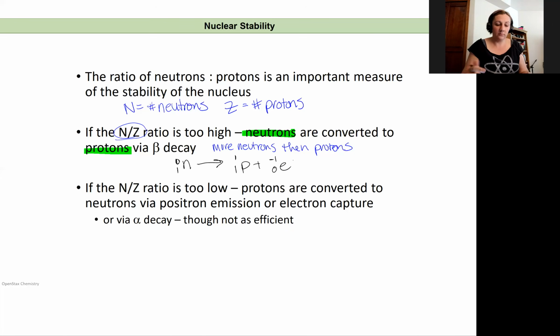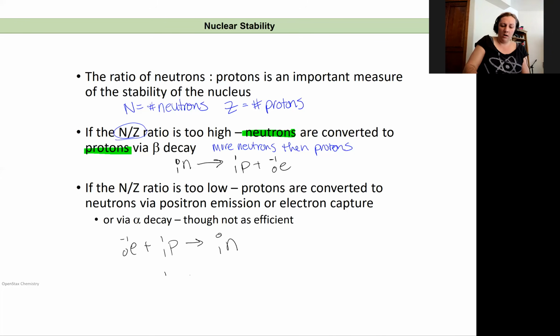If our N to Z ratio is too low, I mean, we don't have enough neutrons for the number of protons to reach a stable arrangement, then we're going to see the opposite happen. We're going to see a proton converted into a neutron. And it can do this in a number of ways. It can do this by electron capture, where it grabs an electron and combines it with a proton, and that converts into a neutron.